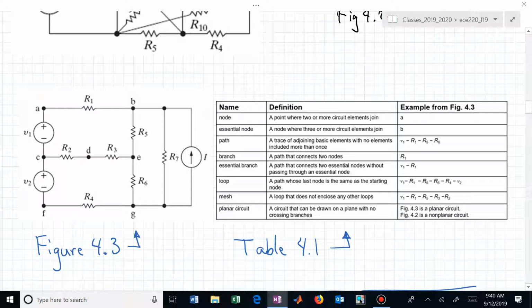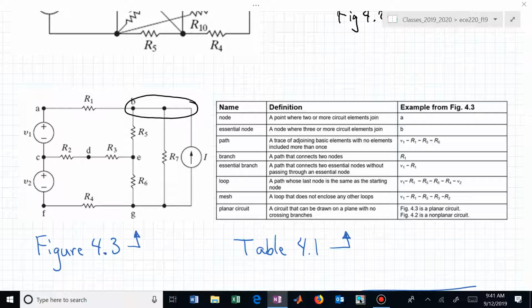What about B? An essential node says we have 3 or more circuit elements that are joined. We count those. We have R1, R5, R7, and a current source joined at B. That is an essential node.